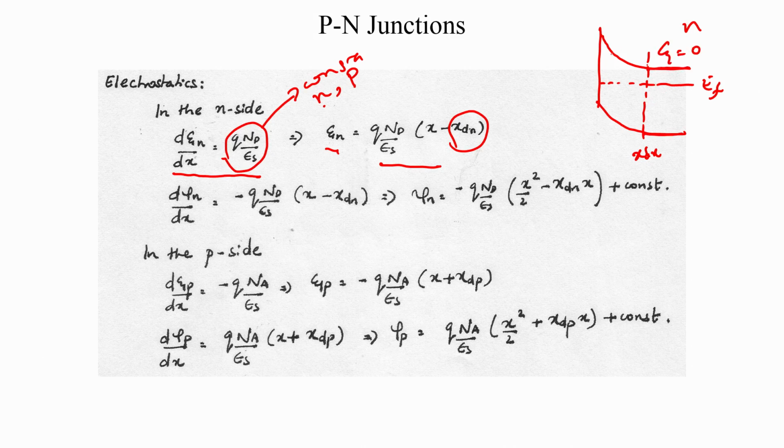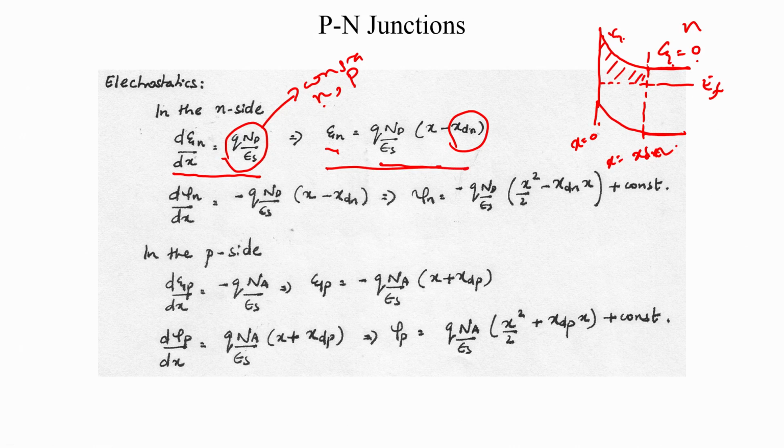It's only within this region, from say x equal to 0, which is defined at the junction, to x equal to xdn, that you have any electric field. And if you say electric field is 0 at x equal to xdn, then you apply this boundary condition to the solution, and you end up with the electric field being this particular term here.